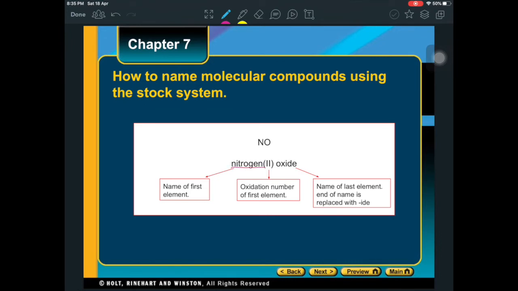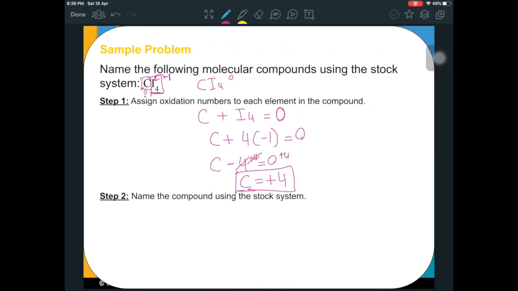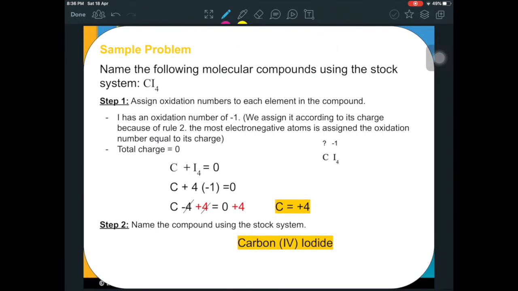So the name of the first one, followed by its oxidation number, followed by the name of the second atom with an "ide" at the end. So this one is going to be carbon 4 iodide, right? So carbon 4 iodide, and this 4 is indicating the charge of the carbon.